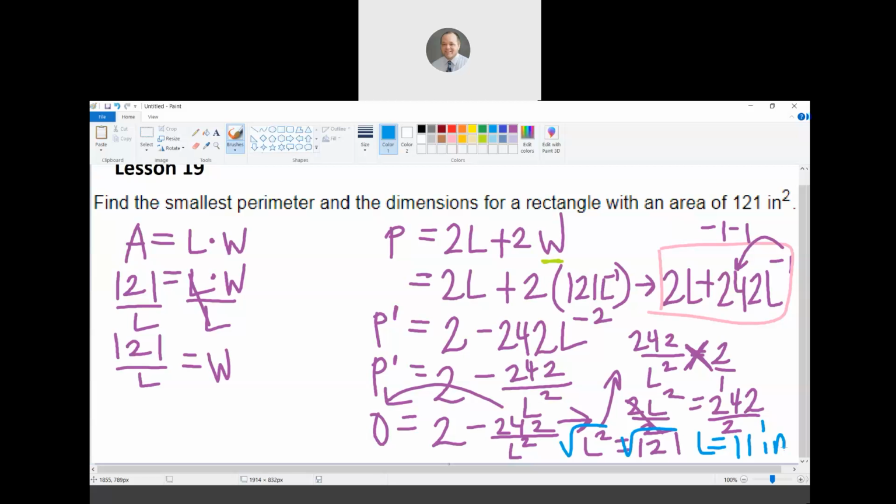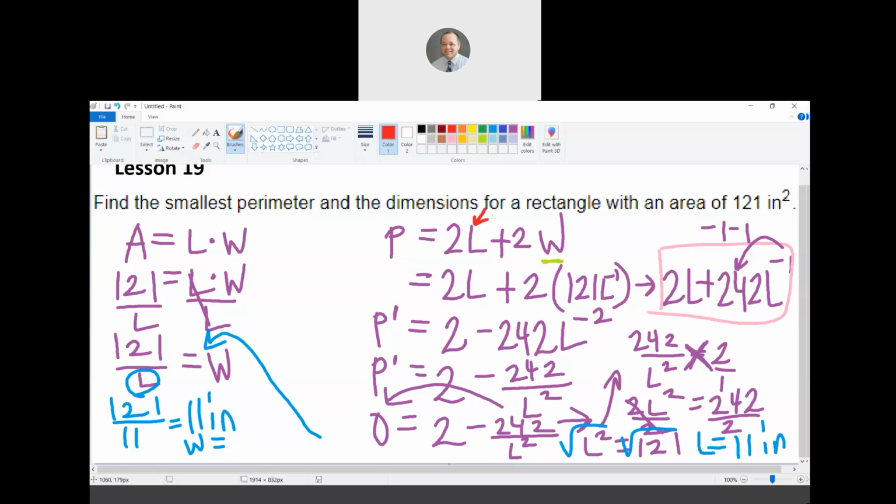Now we need to find the width. So we'll go over here and replace L with our 11. So the width is also 11 inches. Now the last thing we need to find is the actual perimeter.